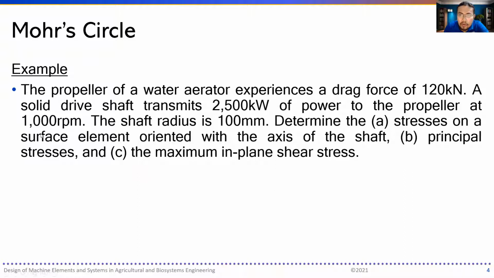And from the previous lecture, the exercise from the previous lecture, it has been known that the normal stress, these are the stresses on the surface of the shaft, the normal stress is negative 3.82 megapascals, while the shear stress along the surface of the shaft is 15.22 megapascals.